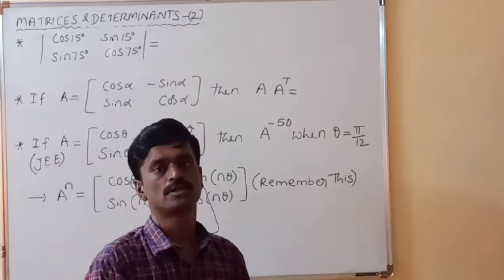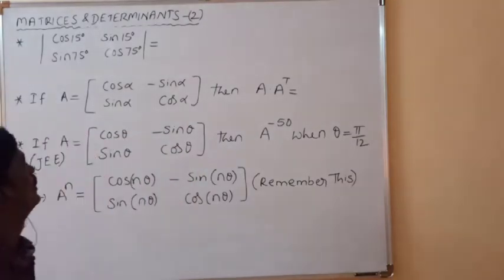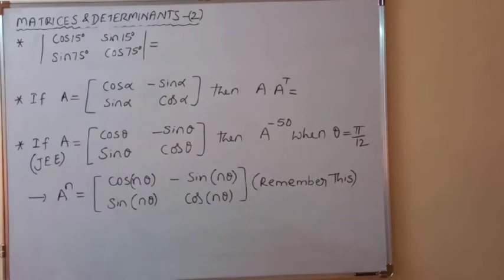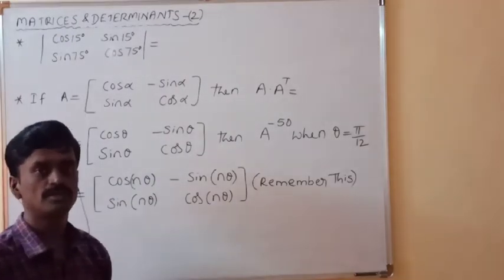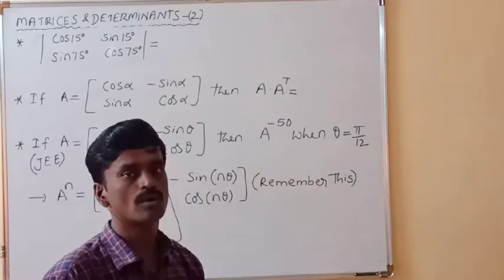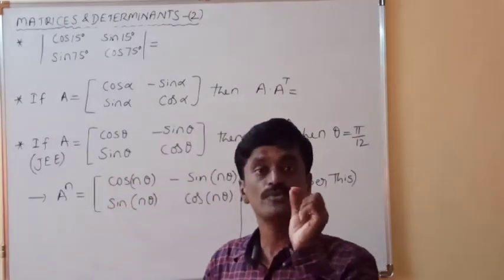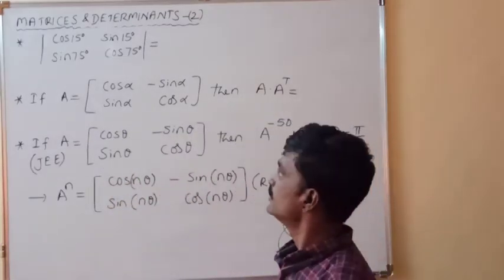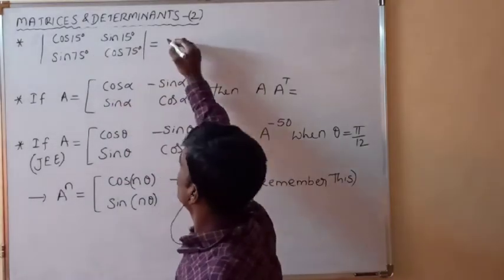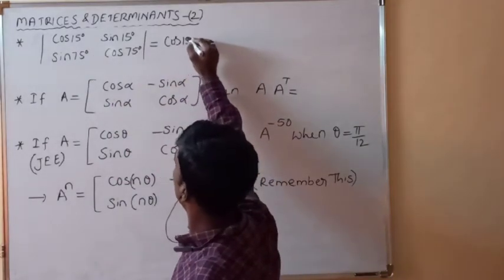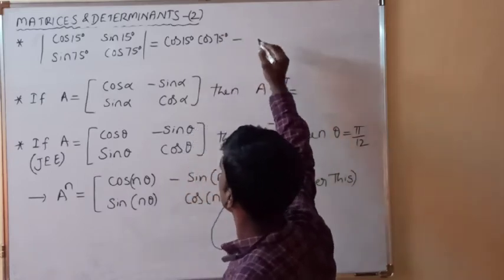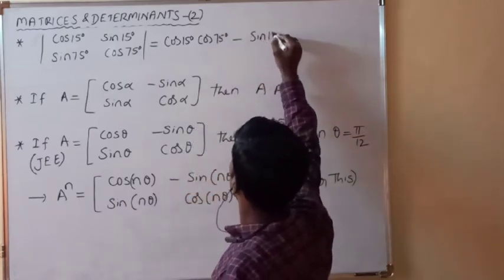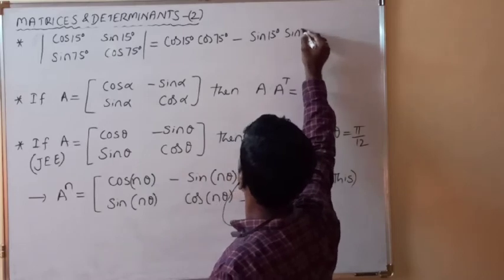So look at the next set of 3 problems. What is the value of this determinant? Don't try to put the sin 15, sin 75, cos 15, cos 75 values. First expand. If you expand this, what you will get? Cos 15 into cos 75 minus sin 15 into sin 75.